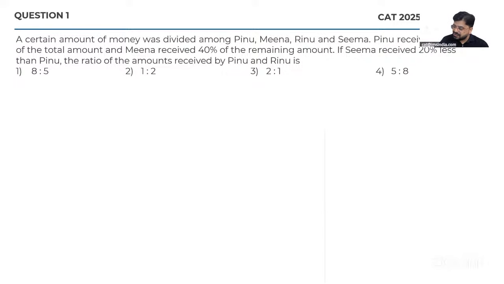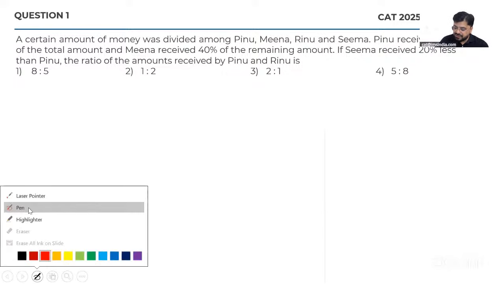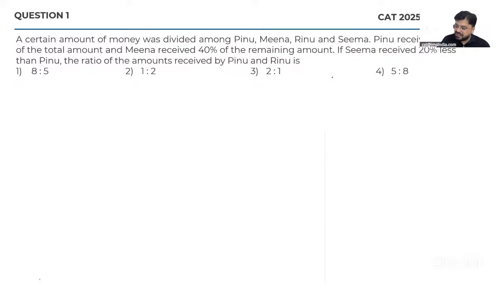In this question, let's write down the names Pinu, Meena, Reenu, and Seema, and also write the total. So let's assume the total amount is 100 rupees.